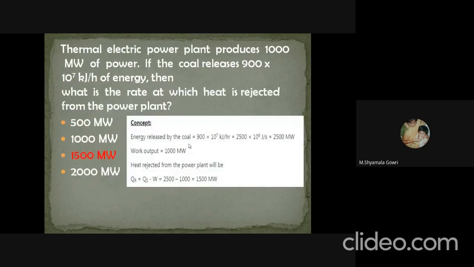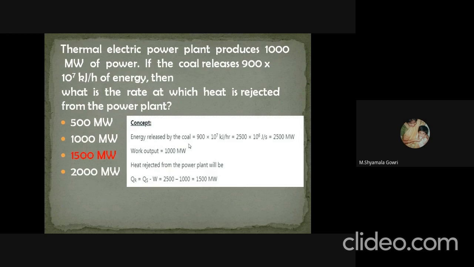The thermal electric power plant produces 1000 megawatts of power. If coal releases 900 into 10 power 7 kilojoules per hour of energy, then what is the rate at which heat is rejected from the power plant?